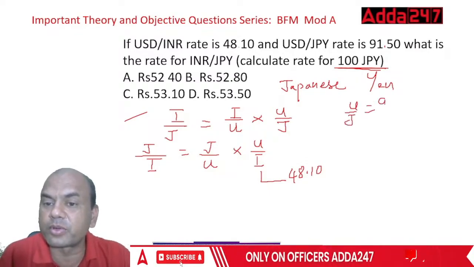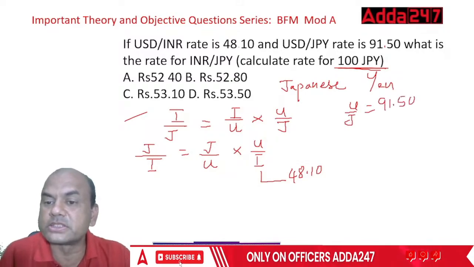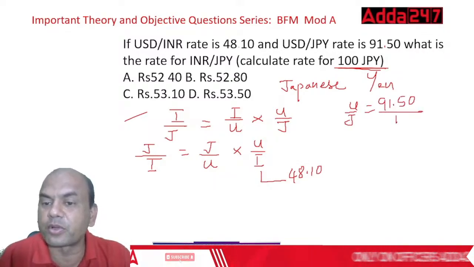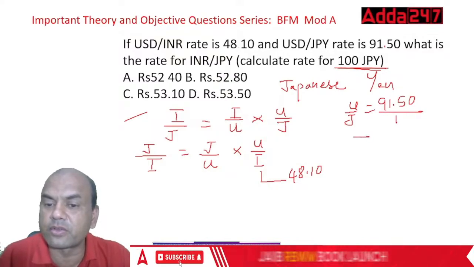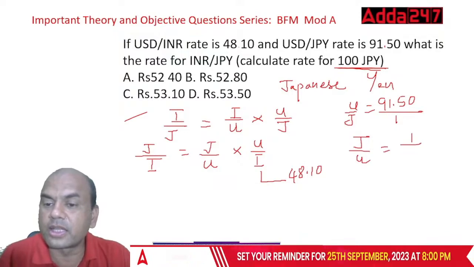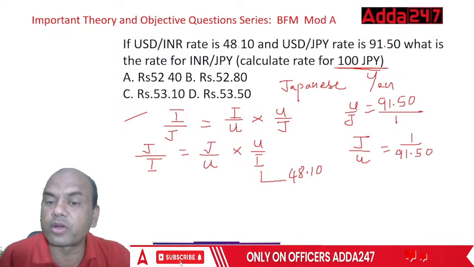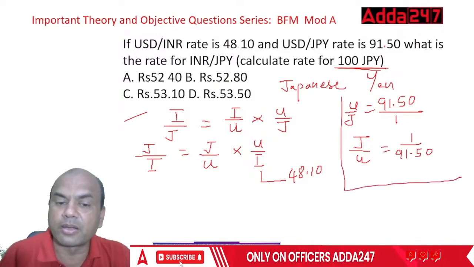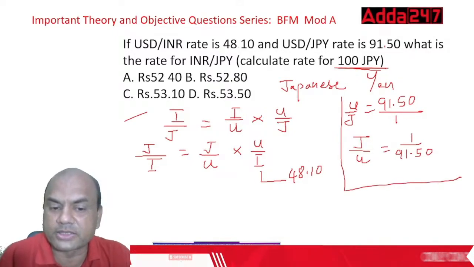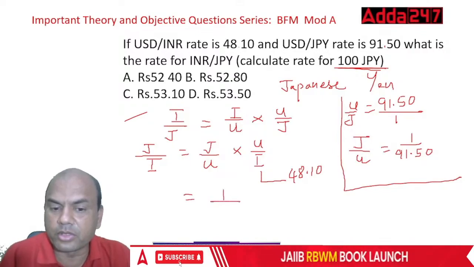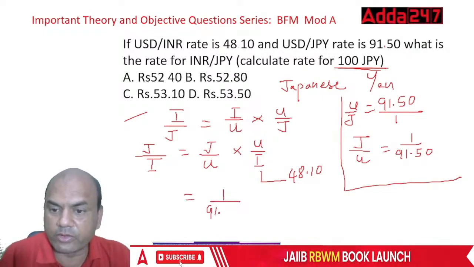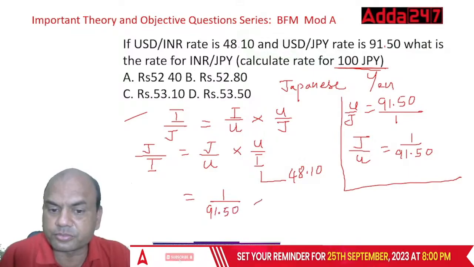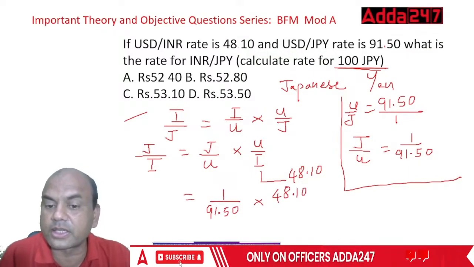So if I want JPY to USD, it is upon 1. So JPY to USD equals 1 upon 91.50. Okay, that will be the rate. So now I've got the JPY to USD rate. Multiply this, put it over here. So my answer will be 1 upon 91.50 into 48.10.